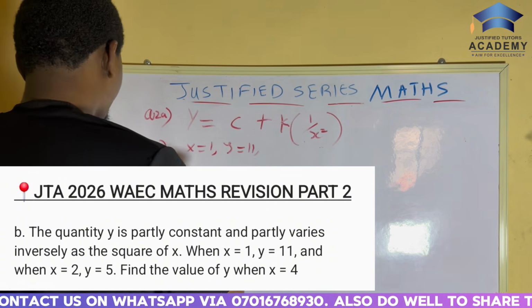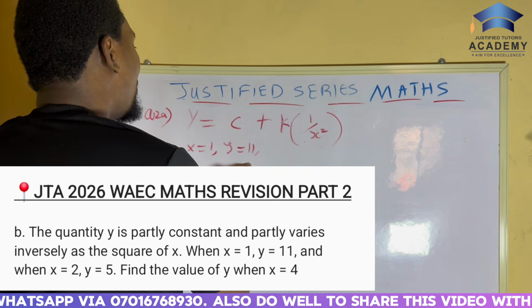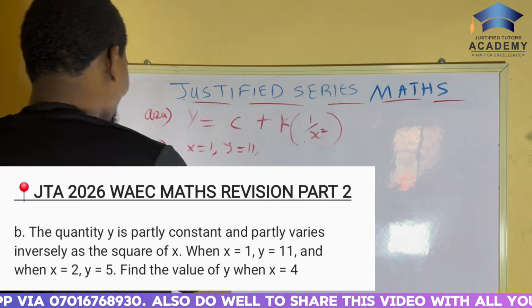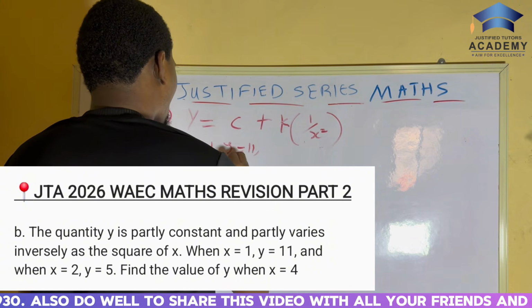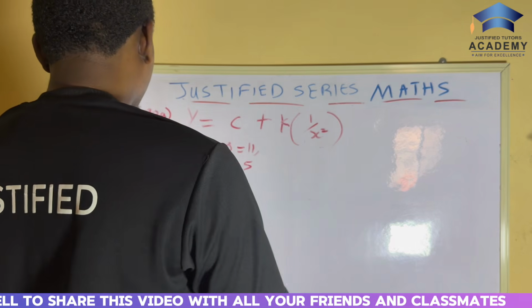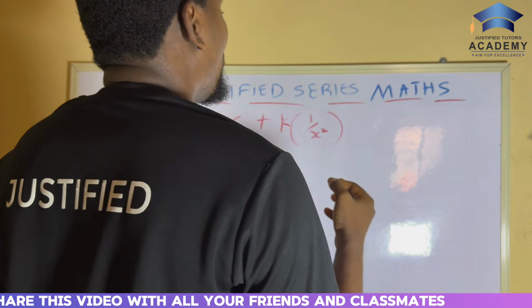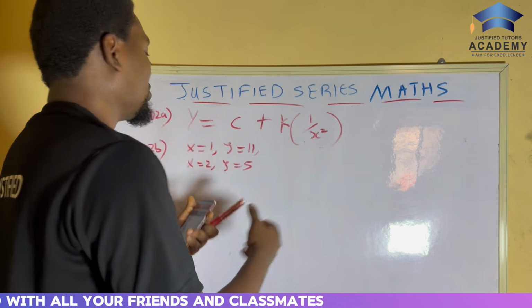And then when x is 2 and y is equal to 5. So we are going to be having a simultaneous equation here.